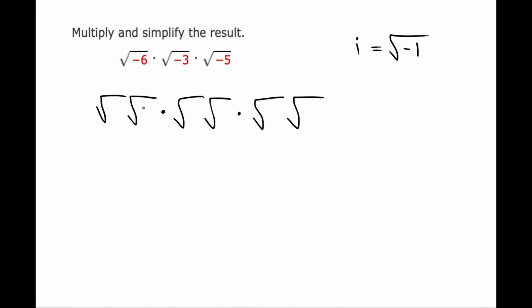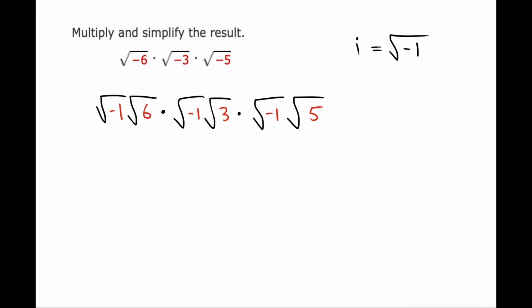I'll turn -6 into a 6 and a -1 being multiplied together. And the -3 can turn into a 3 times -1. -5 will be 5 times -1. So in each case, I brought the negative out of the original radical and put it under its own radical.